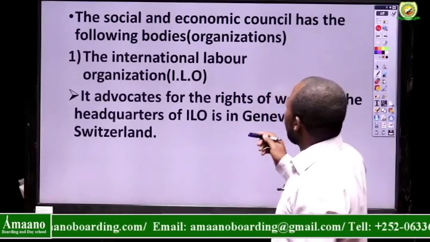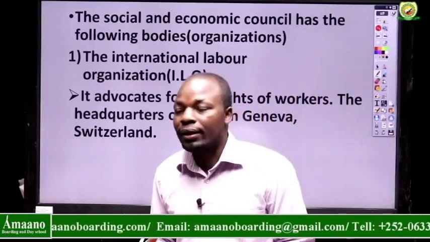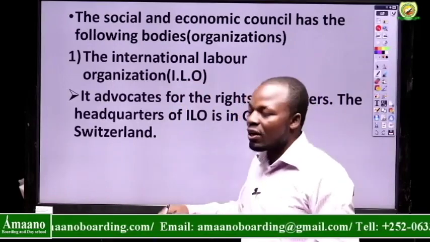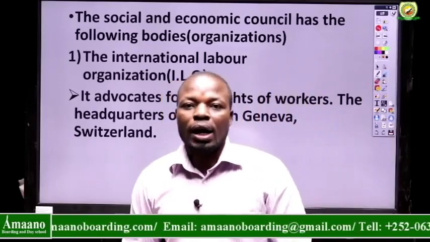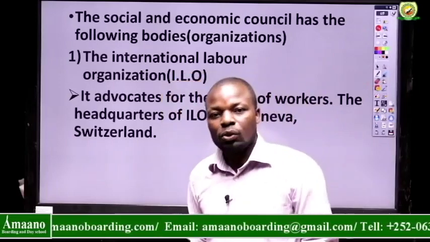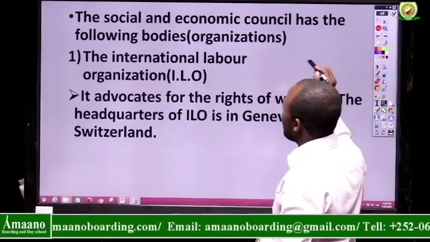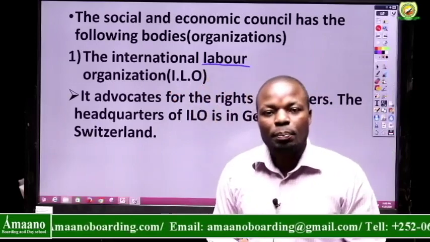The Social and Economic Council has the following bodies. Bodies are like organizations, very large organizations. The first one is the International Labour Organization, ILO. What does it deal with? From the word labor, it means that this organization deals with workers, people who work.